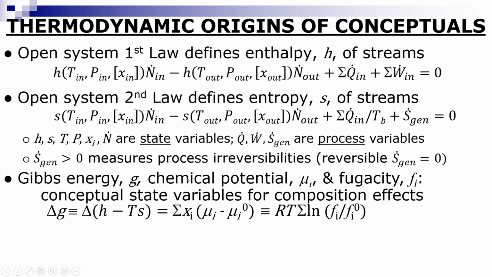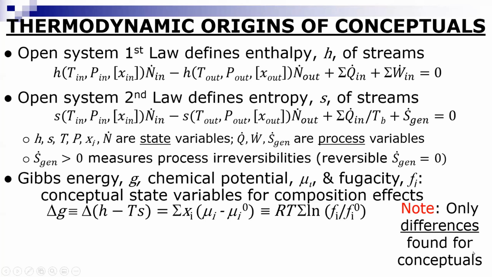Now, the Gibbs energy and chemical potential and fugacity are conceptual state variables to deal with composition effects. So the Gibbs energy difference is the difference of H minus Ts, which is also related to the difference in the chemical potential between the state and a standard state. And this defines the fugacity. So note that only differences can appear for conceptuals.